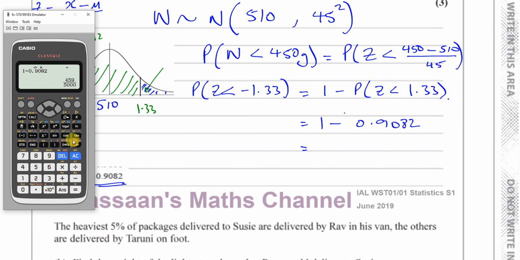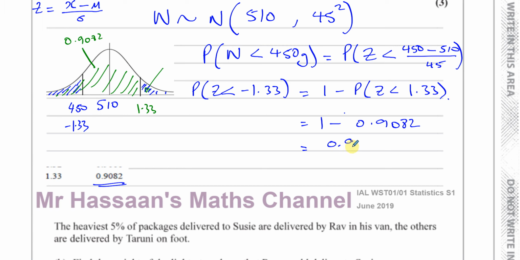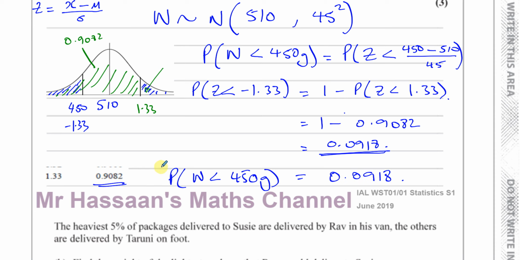So that gives us a value of 0.0918. That is our solution to 3 s.f., so we should leave it like that. So we can say the probability that the weight is less than 450 grams is equal to 0.0918. So there's the answer to part A.